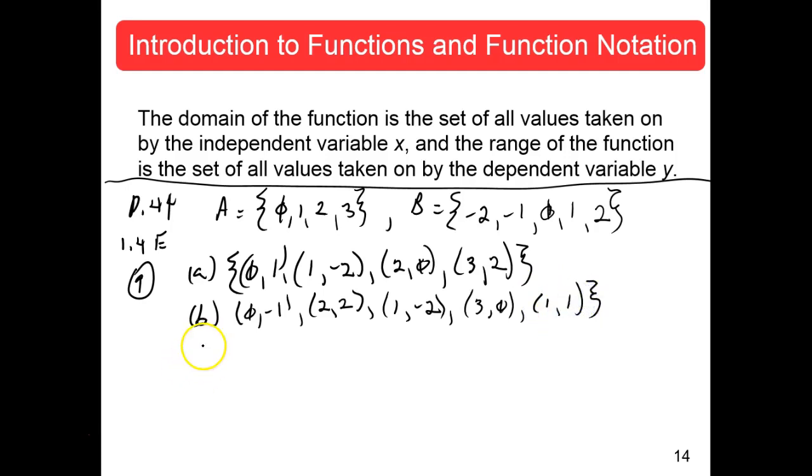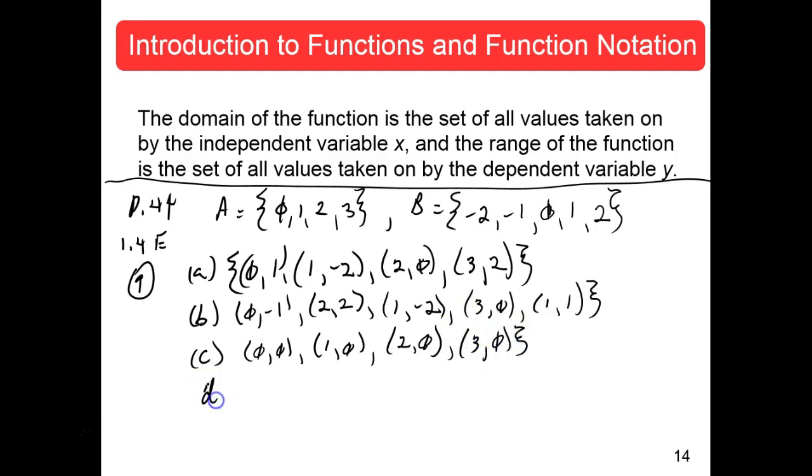The C option is (0, 0), (1, 0), (2, 0), and (3, 0). And the D option is (0, 2), (3, 0), and (1, 1).